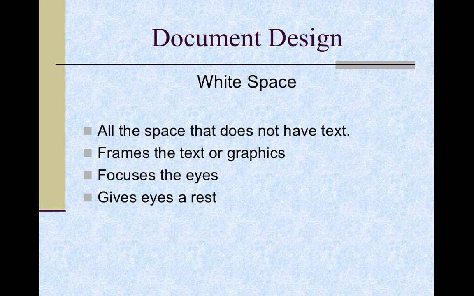If you look at this particular screen right here, you'll see that I use a lot of white or light blue space. The heading is framed by it, then the subheading, white space, is framed by white space, and then each one of these bulleted points also uses white space to frame it. And it makes it a lot easier to read, especially as I'm explaining what white space is.